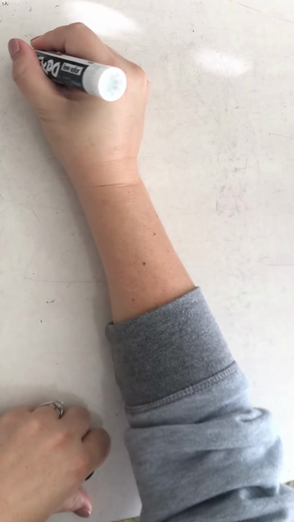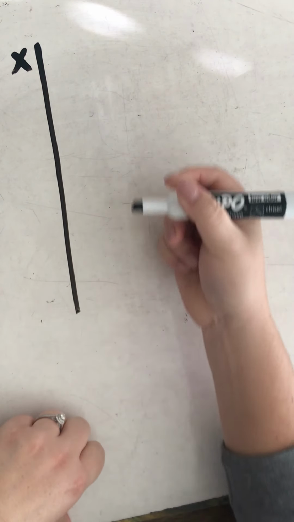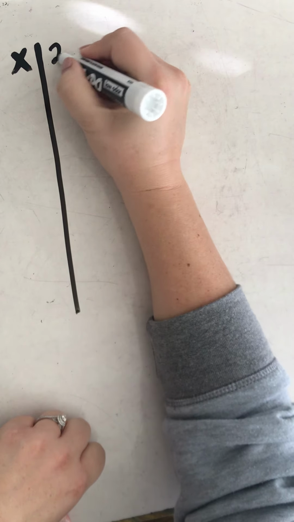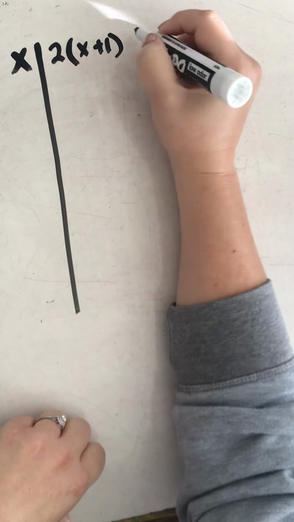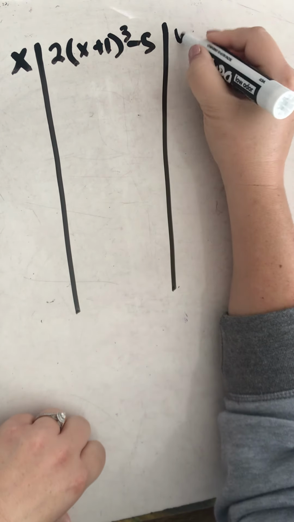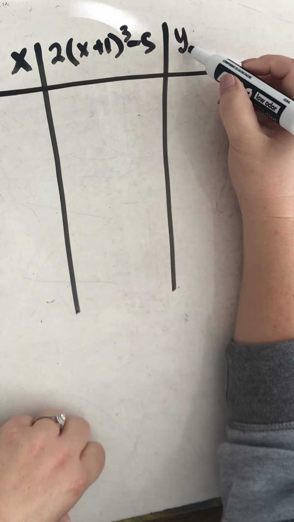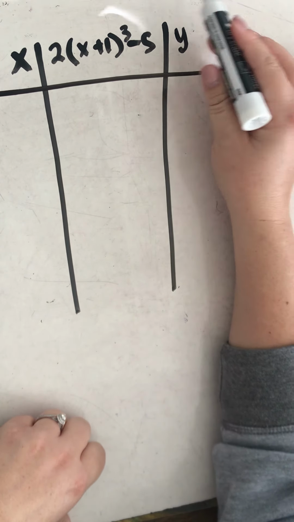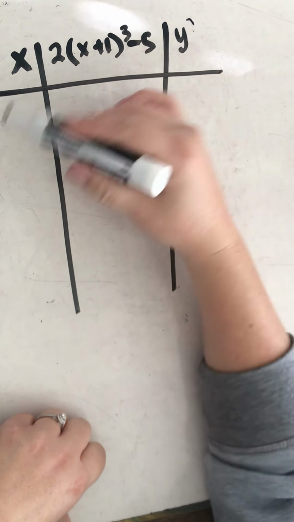Just like I've shown you in class, I'm going to have x, and in the middle I will have my function, which is 2 times x plus 1 to the third minus 5, and then I'm going to have my y values. So x being the input, y being the output in this case. But for our x-intercept, we're going to have to do this backwards, right?